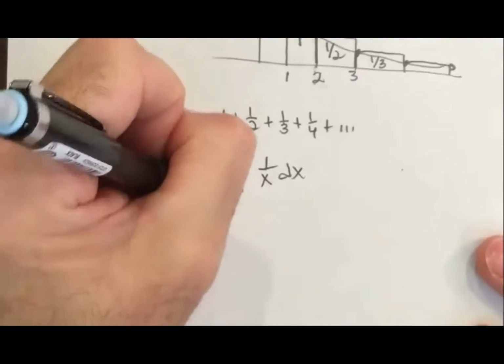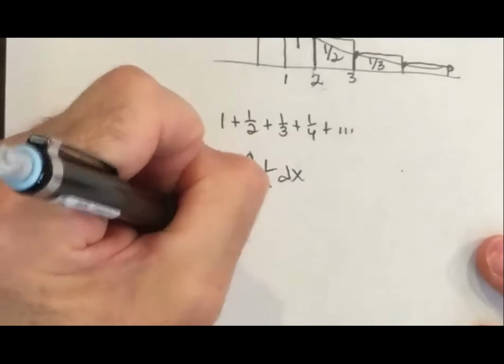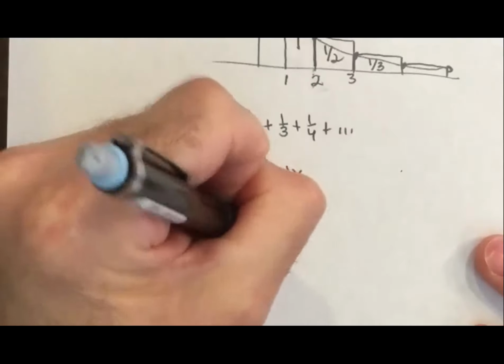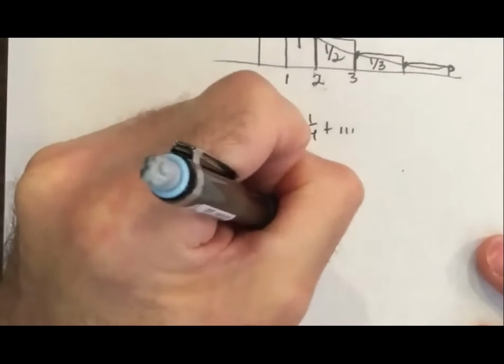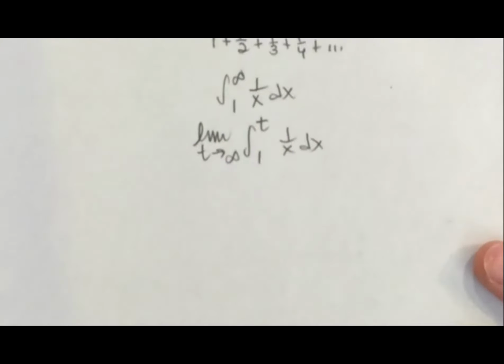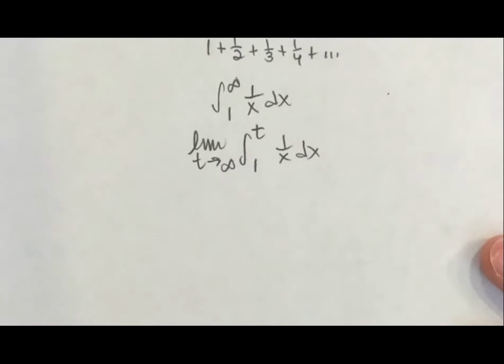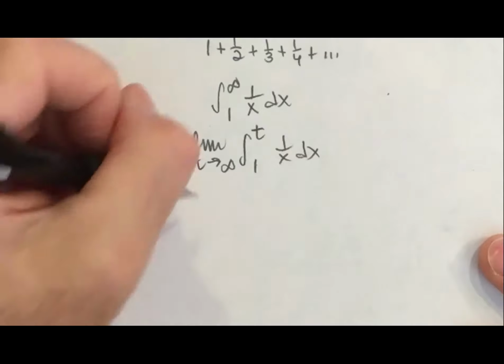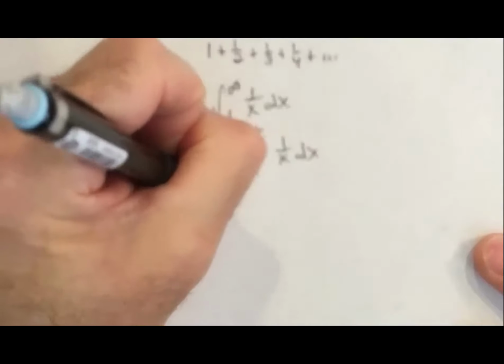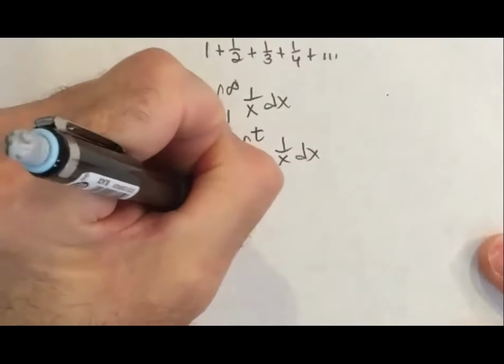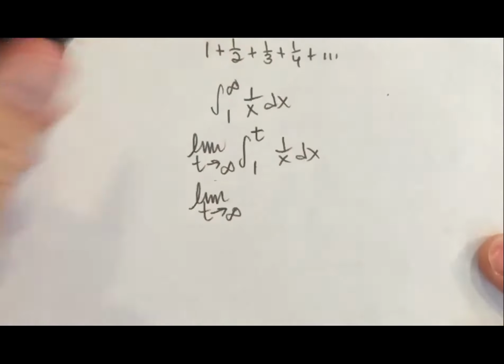All right, so what's that? Well, we write the limit as t goes to infinity of the integral 1 to t of 1 over x dx, and then we try to find this integral. Do you remember how to find it? You can bring x up to the numerator and just use power rule. You could, but think about it.